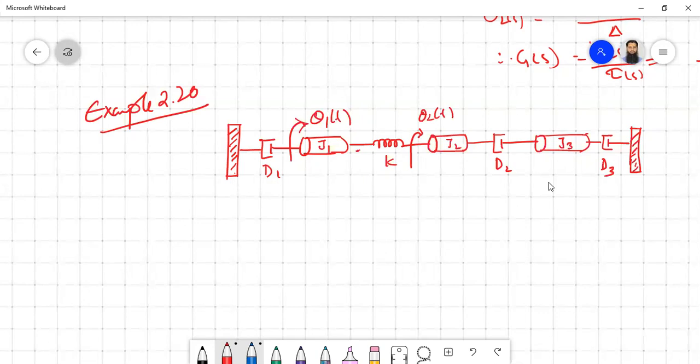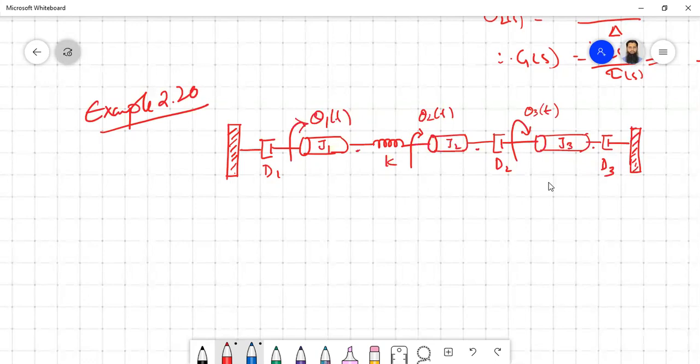Similar thing is also applicable, so theta 2 can also appear here. But for the damper and the spring, on both sides of it there may be a different angular displacement possible. So you'll have theta 3 here, theta 3 also can be here. Then the other side is just the reference.